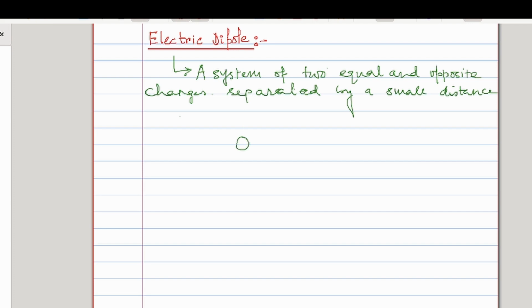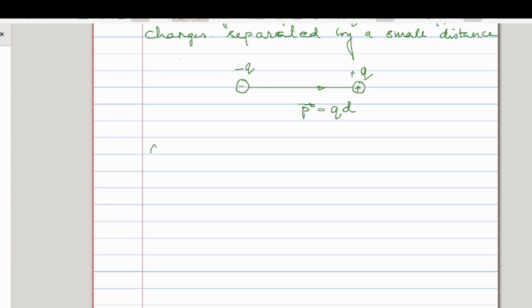So if this is the negative charge and this is the positive charge, then electric dipole is a vector quantity directed like this, and it is defined by P equals Q into D, if this is minus q and this is plus q. Here we have to derive the expression for electric field, but I repeat, the derivation is not required for revision purposes.